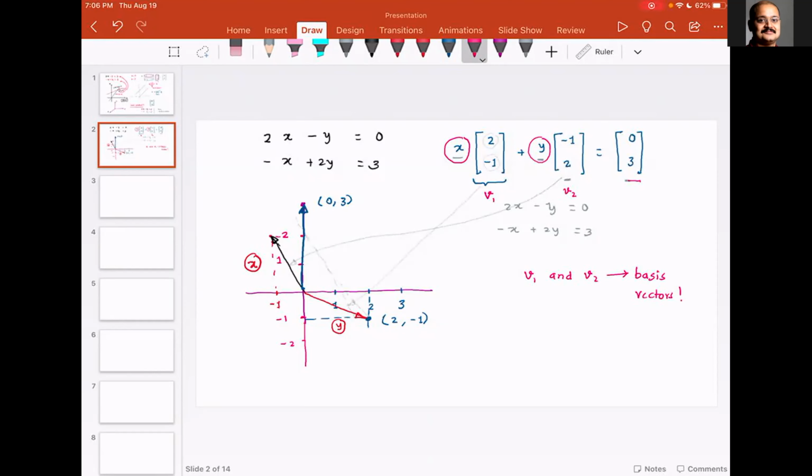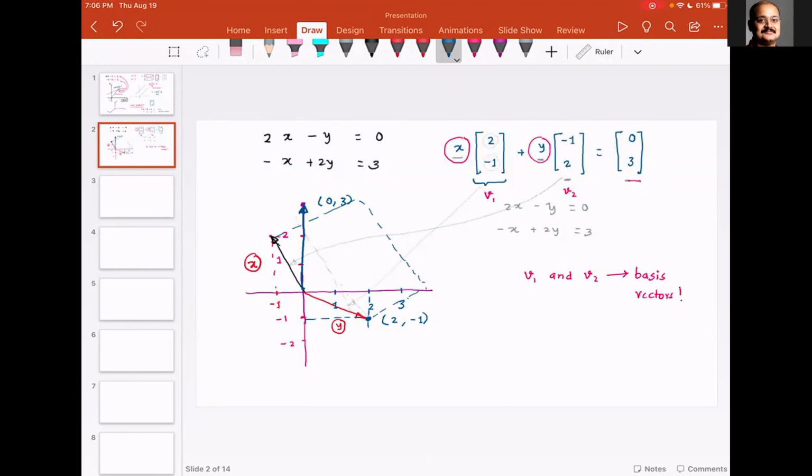Now, this is the point. I want you to think about the span. What do I mean by span? Span is nothing but, if I were to construct a plane, we need two vectors to show a plane. So if I were to construct the plane that is spanned by these vectors, this is the plane.